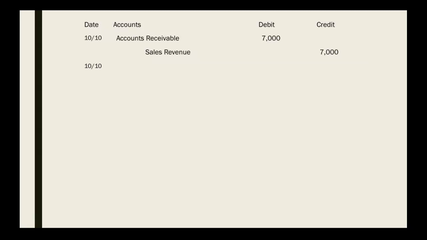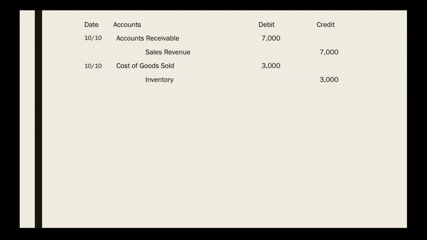Now we have the second entry on the 10th as the seller. This is where that part of the goods cost Taylor Company $3,000 comes into play. So what we do here is we debit cost of goods sold $3,000. Cost of goods sold is an expense account, so we are increasing that expense $3,000.